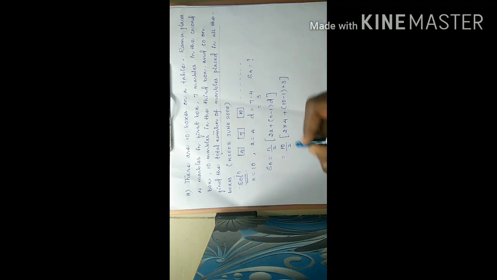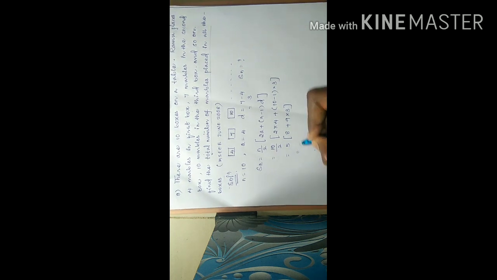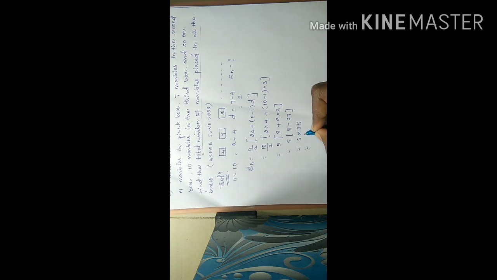Now 2 fives are 10, 4 twos are 8 plus 10 minus 1 is 9 into 3. That is equal to 5 into 8 plus 9 threes are 27. So 5 into 8 plus 27 is 35. Now 5 into 35 is 175.